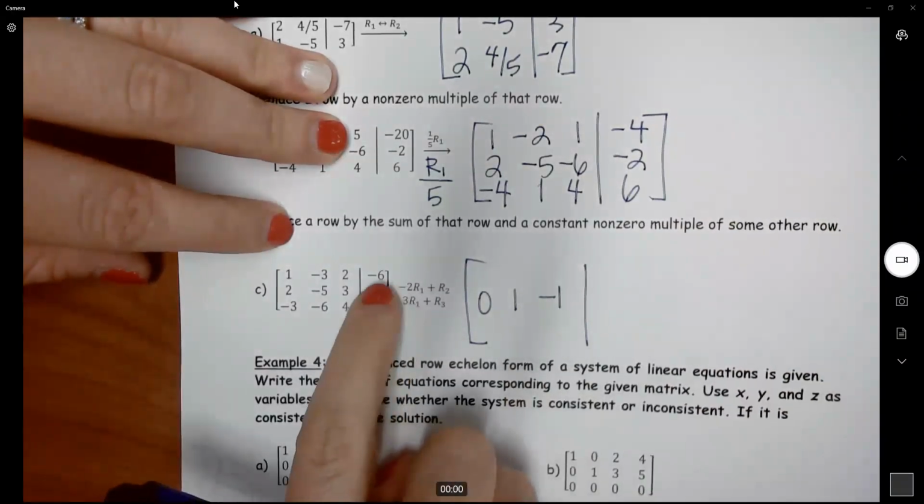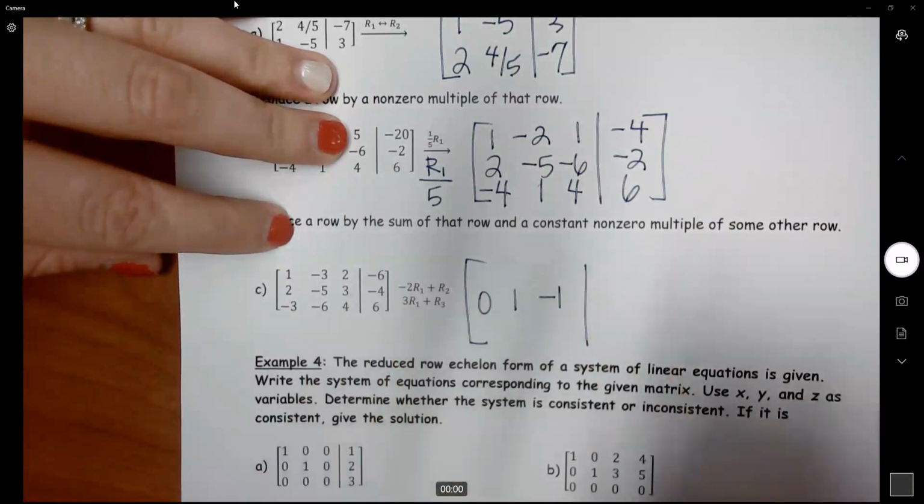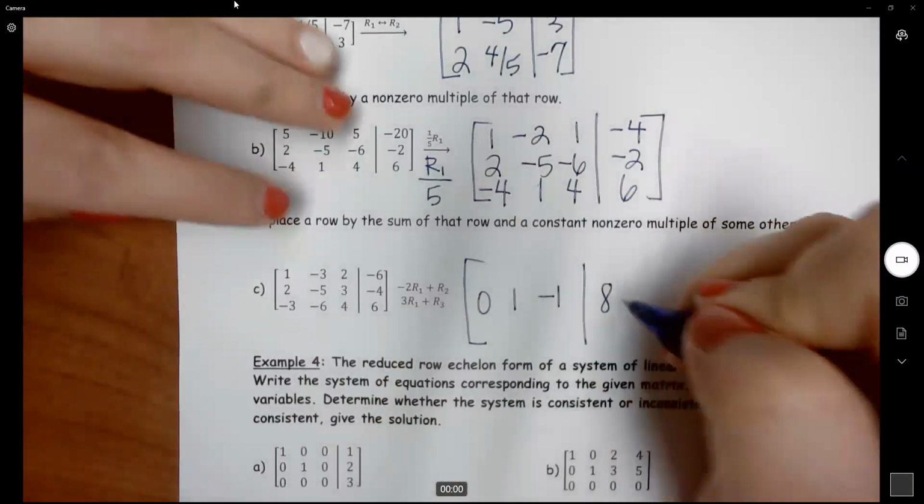And then -2 times -6 is positive 12, plus a -4 is 8.